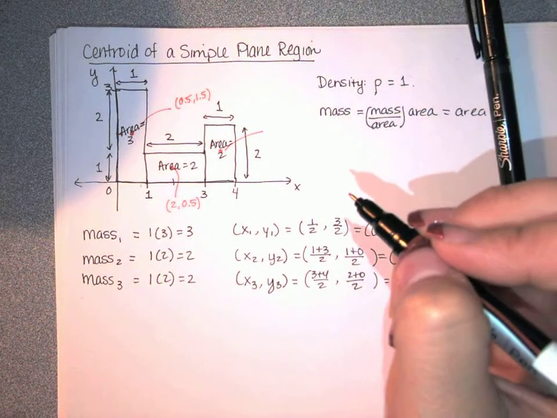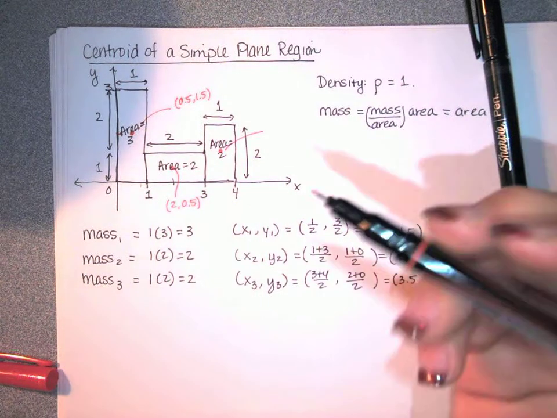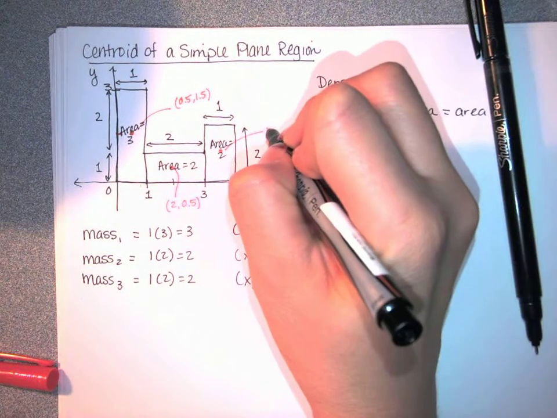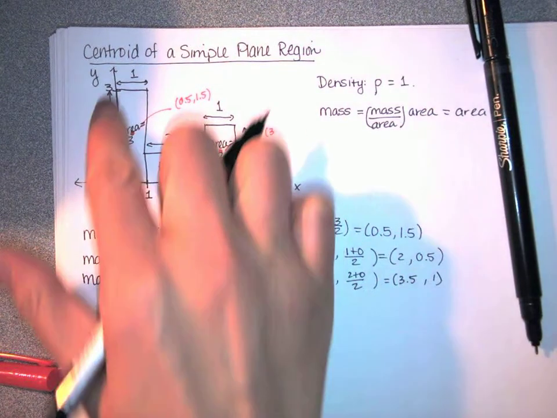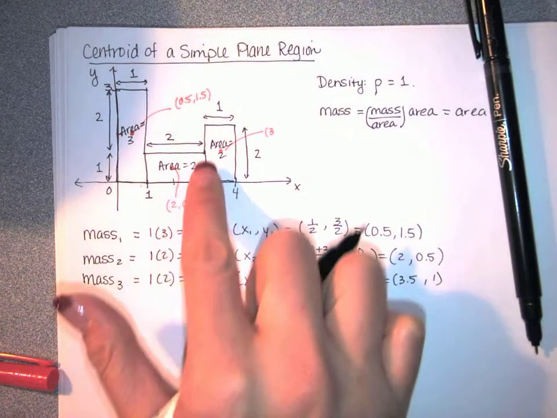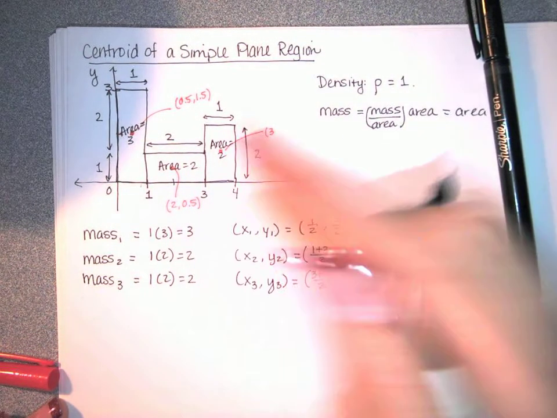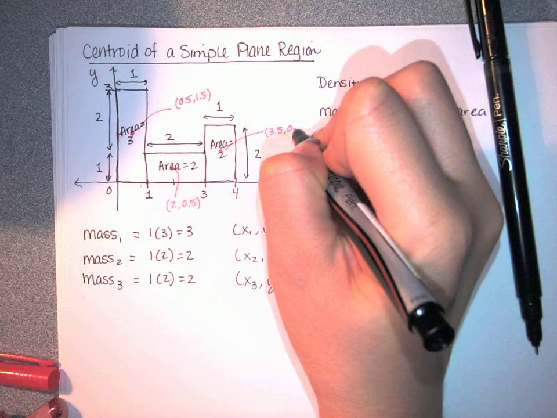Now, instead of evaluating those integrals that we did in the last section, I can think of all of the mass on this area being concentrated at its center of mass, and all of the mass on this area being concentrated at its center of mass, and all the mass on this area being concentrated at its center of mass.